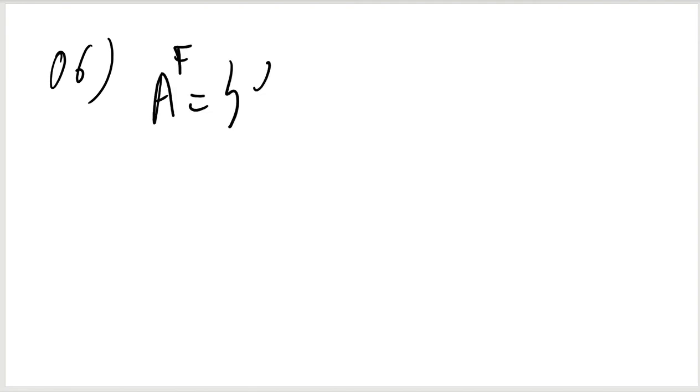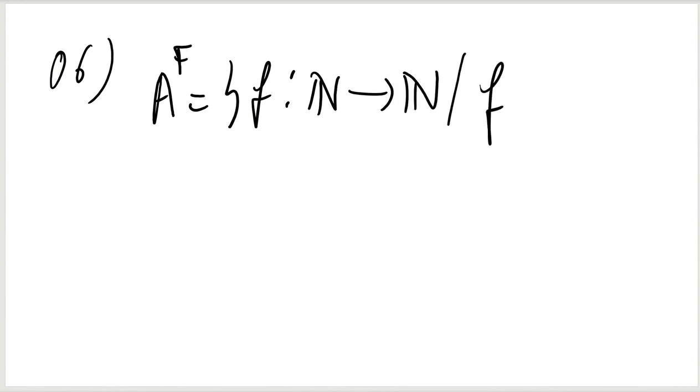And then another thing that you have to be careful of is question 06, for example. On 06, we are given A_F, which is a set of functions. This is a set of functions from the natural numbers to the natural numbers, such that f^-1 of A equals the empty set.